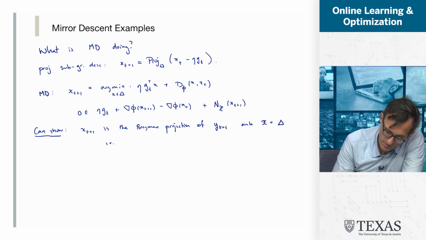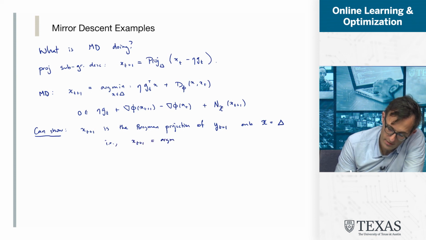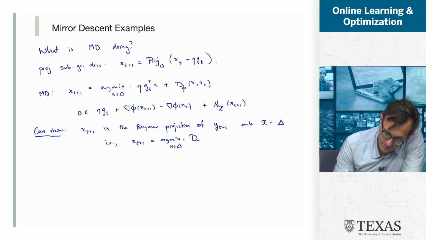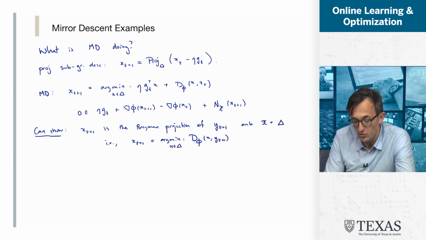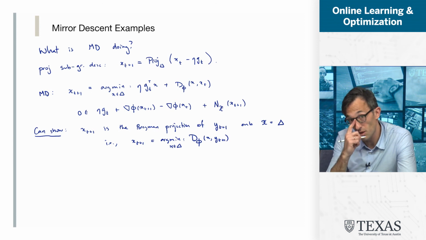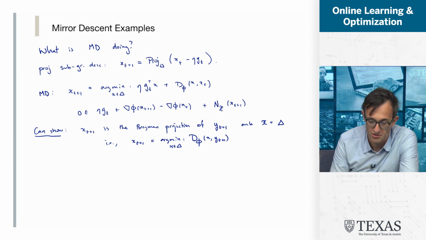In other words, xt plus 1 is the argmin over x in the simplex of d phi of x, yt plus 1. What is this trying to do? It's looking over all x in the simplex and finding that x which minimizes the Bregman divergence to yt plus 1. That's why I'm calling it the Bregman projection.